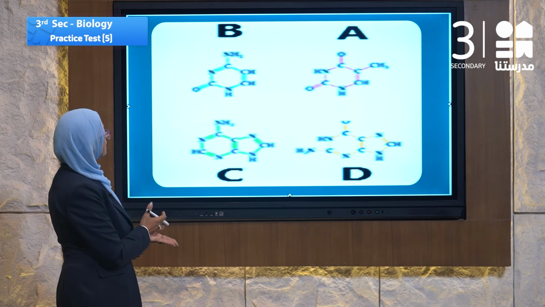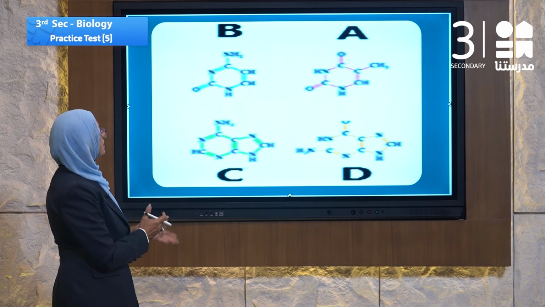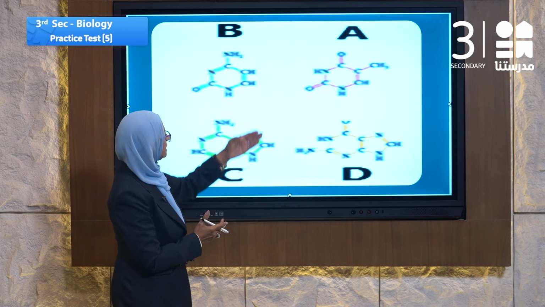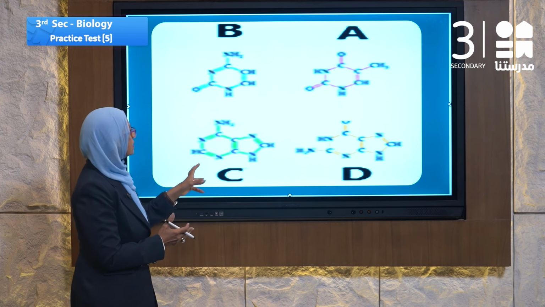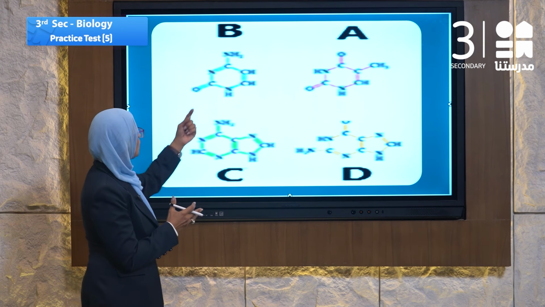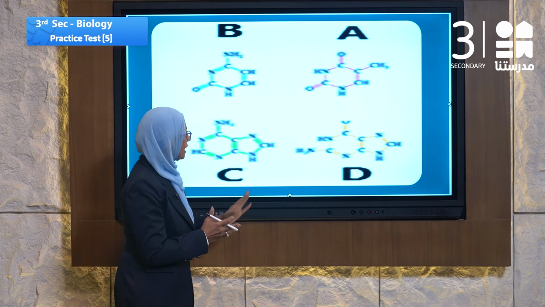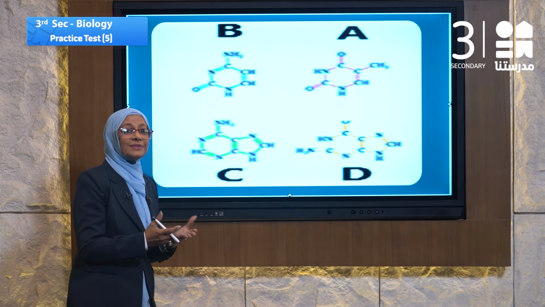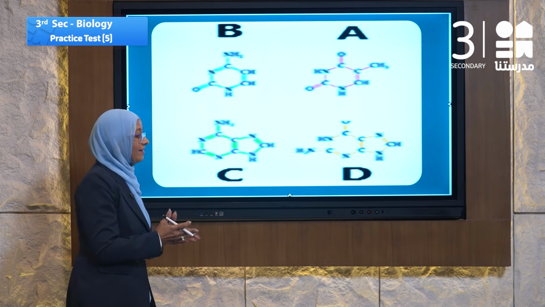The figure shows A, B, C, D. There are rings. One of them has one ring and the other has two rings. Pyrimidine and purine, they are the rings.